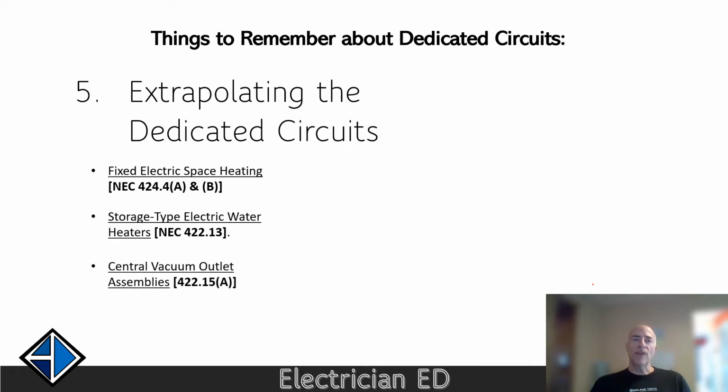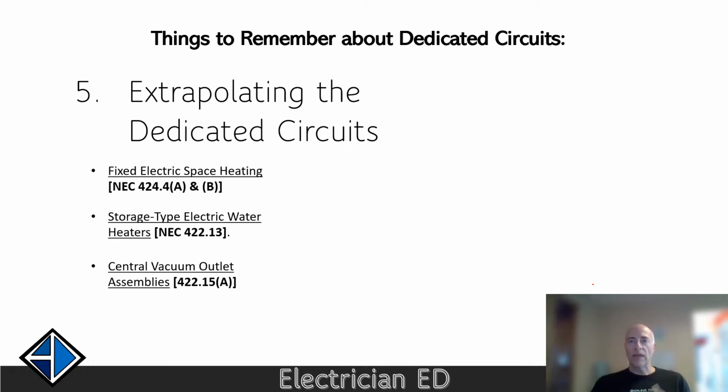Central vacuum outlet assemblies. Here's another one. The NEC allows you to put central vacuum outlets on a general purpose branch circuit along with other receptacles or lights in the same area. However, every general purpose circuit that's used this way has to be rated double the rating of the central vacuum requirements.